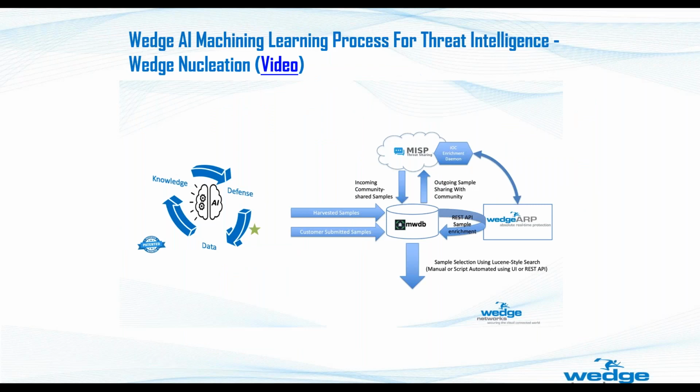Okay, on this page, I will introduce the WedgeCND security intelligence gathering system, called the Wedge Nucleation. It is a background-running, AI machine learning based big data platform.